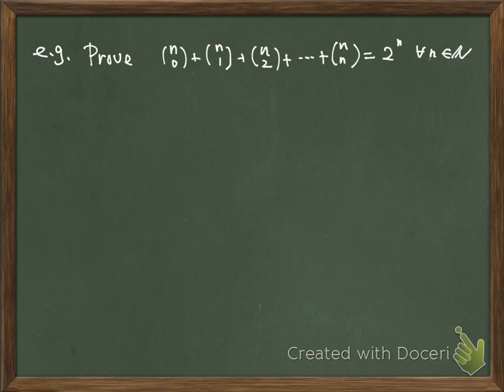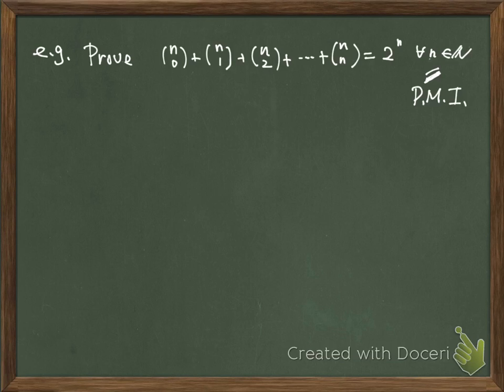Before this section, what would be the first method that comes to us to prove this? The idea would be, if we want to prove an identity involving any natural number n, the natural idea would be principle of mathematical induction. And indeed, that works. Okay, you can try to prove that by principle of mathematical induction on n.